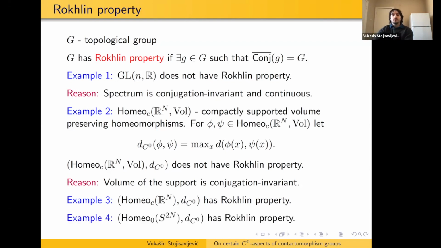If you took also homeomorphisms which are connected to the identity, and the sphere is 2n dimensional, so an even dimensional sphere, and again the C0 distance, then in this example, we again have the Rokhlin property. And I guess by now it's clear: I want to study the Rokhlin property of contactomorphisms and relate this to non-squeezing. So that's the first goal.